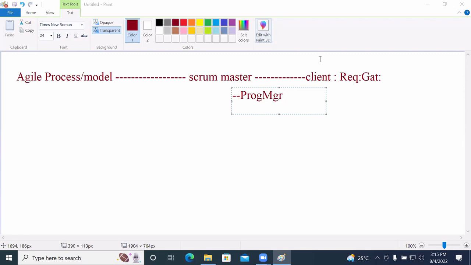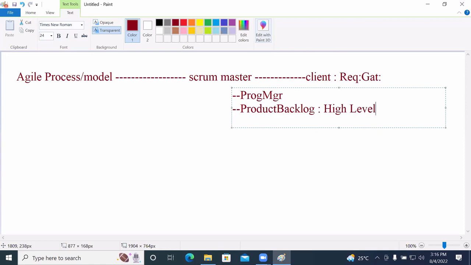Okay. So the one we got, Scrum Master, from there, we mention working with the project manager. Now this project manager comes up with preparing what? Product backlog. What is the meaning of product backlog?